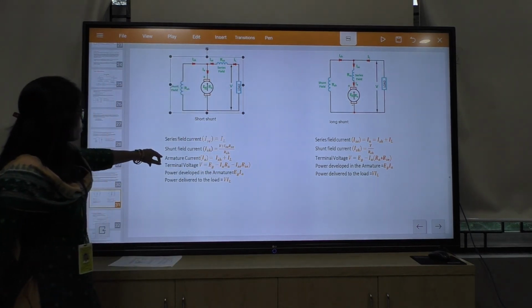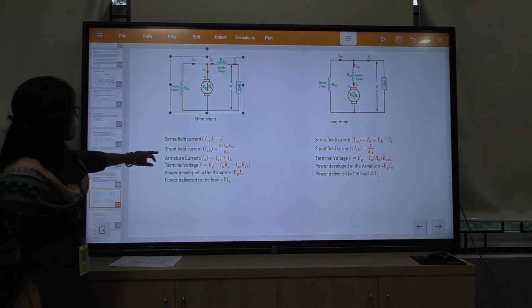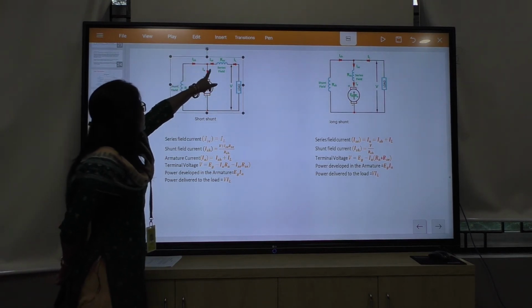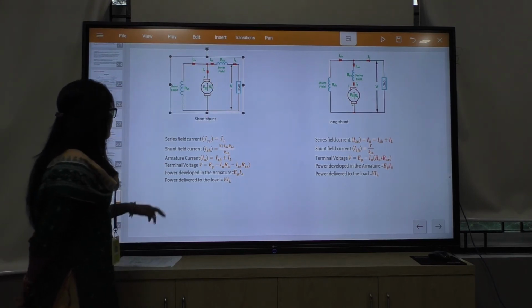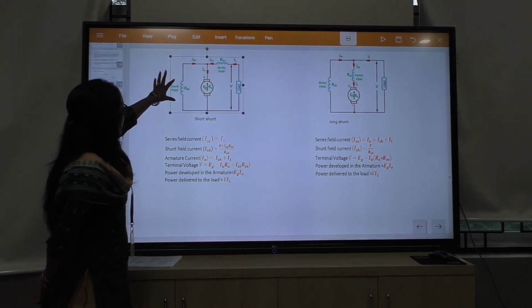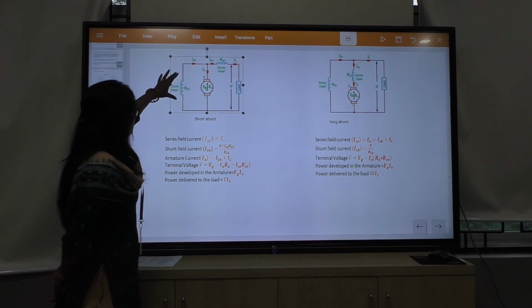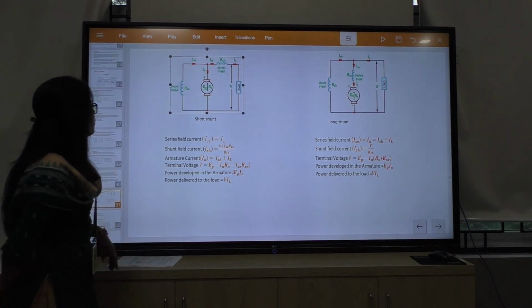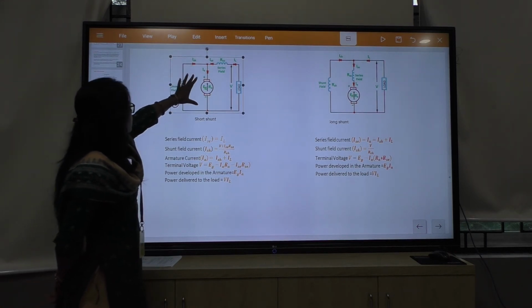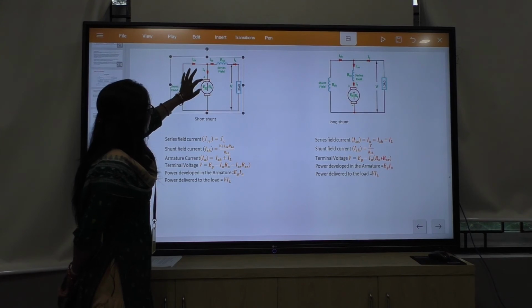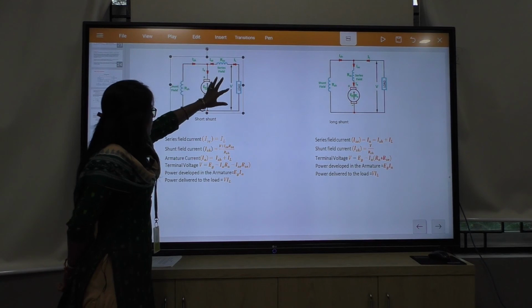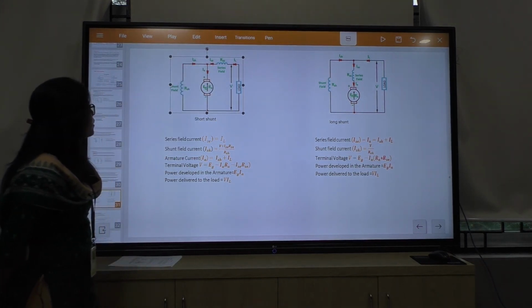So, here are the equations of the short shunt compound generator. The series field current Isc is equal to IL, that is our load current, and the shunt field current Ish is equal to the voltage across the shunt field winding divided by the resistance of the shunt field winding. The voltage across the shunt field winding is V plus Isc into Rsc, that is, the voltage across the armature winding, divided by Rsh.